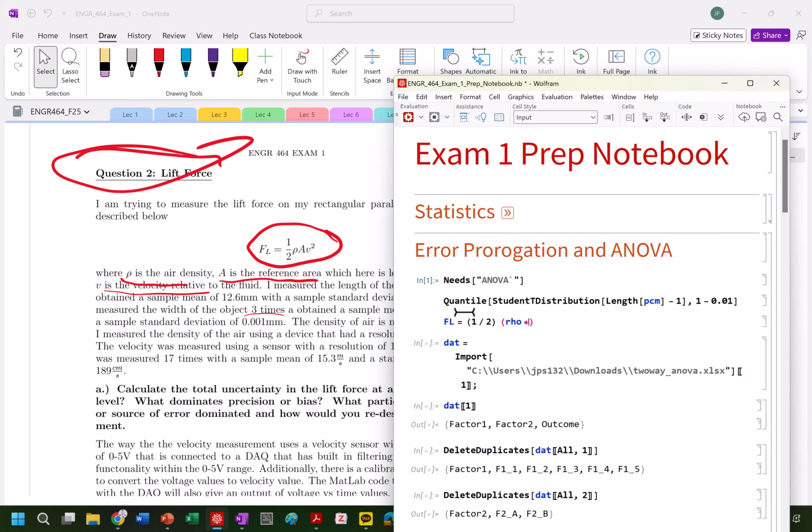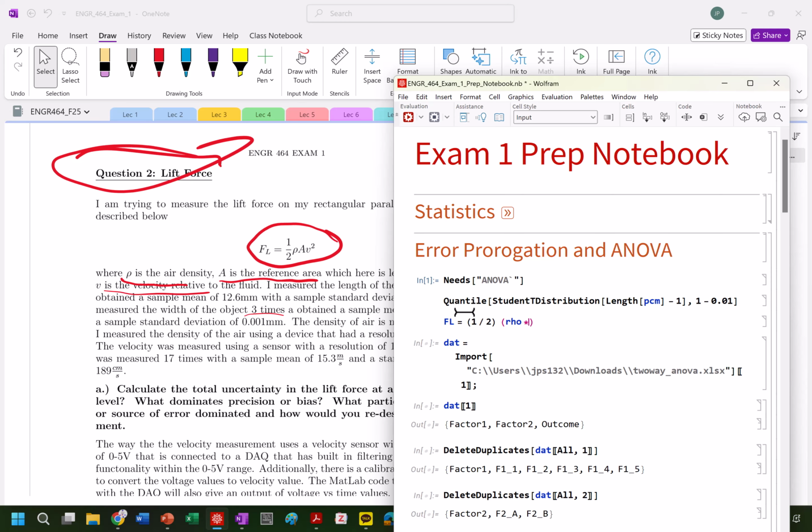But that's divided by millimeter, which is 10 to the minus 3 cubed. So what will that look like? Minus 3. That could be trouble. So I just need to multiply this by 1,000. So my uncertainty in rho is basically 0.001 times 1,000. Excellent. So that's my uncertainty in the density.